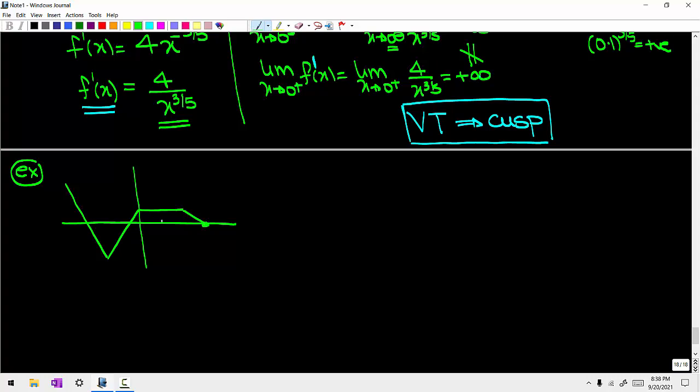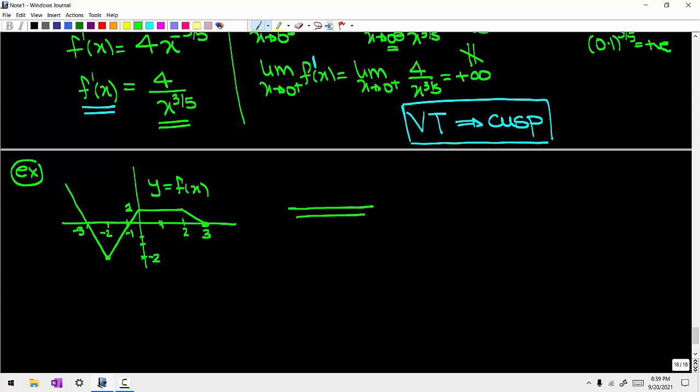So this is 1, 2, 3, this is 1, this is 1, 2, negative 2, and this is negative 2, negative 1, negative 3, okay. So this is y is equal to f of x.